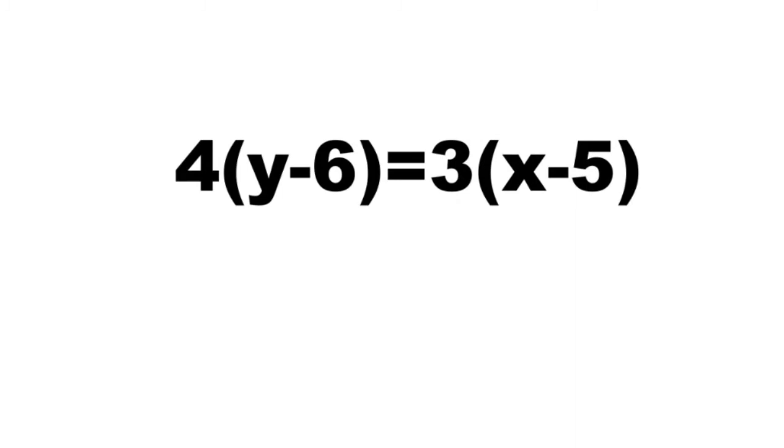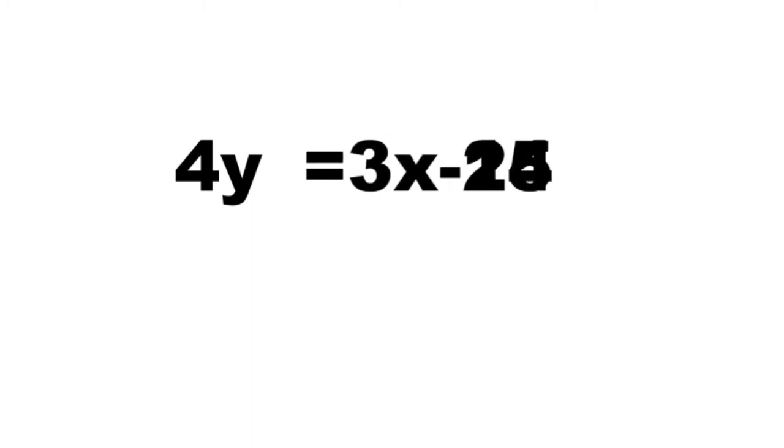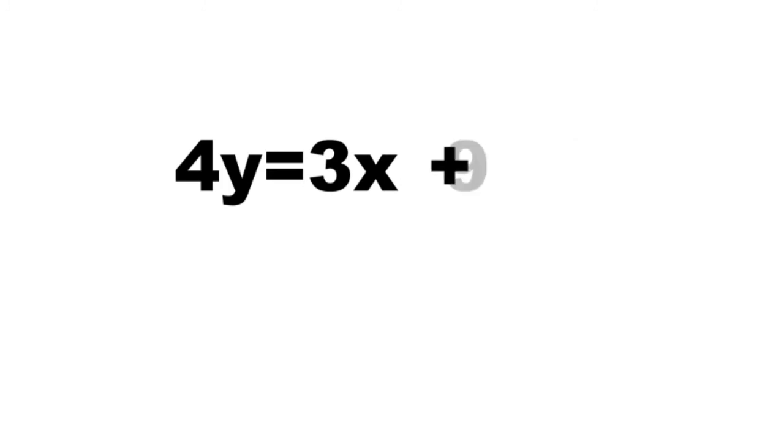Using the distributive property, we have 4y minus 24 equals 3x minus 15. Transpose 24 to the right, so 4y equals 3x minus 15 plus 24, so 4y equals 3x plus 9. This is the first asymptote.